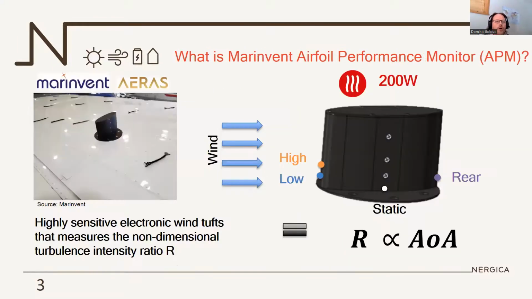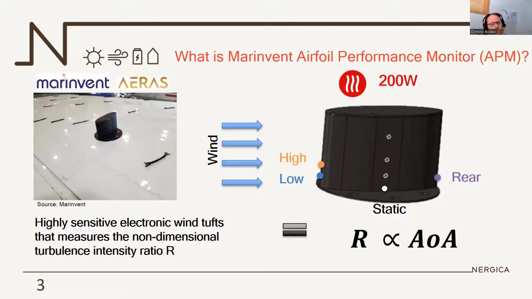So what is the Marin Vent airfoil performance monitor? It's actually a highly sensitive electronic wind tuft, which is installed on the airplane for now. It measures the non-dimensional turbulence intensity. With pressure sensors on the front side and the rear side of the sensor, we can calculate the R value of the flow.